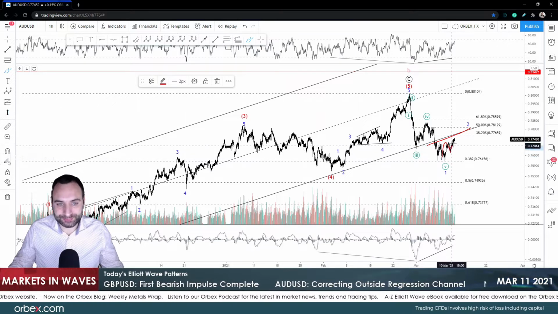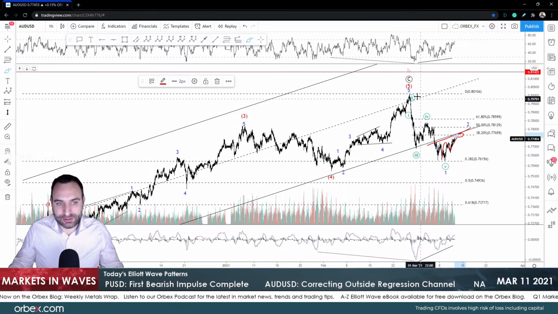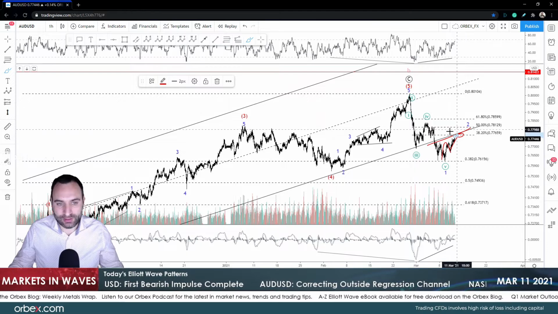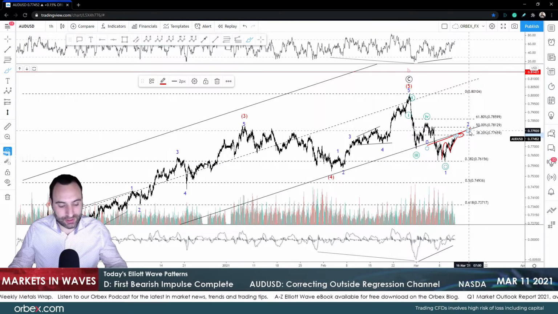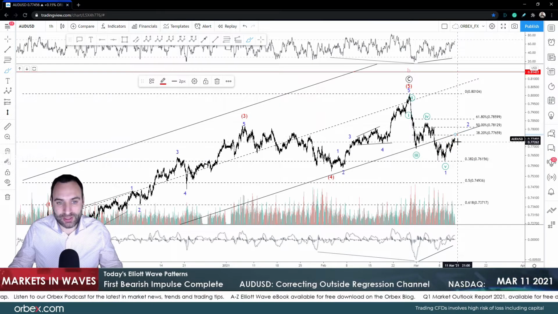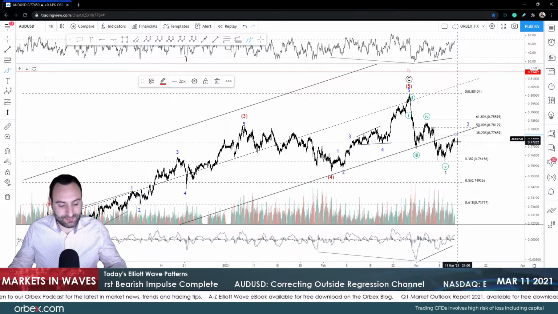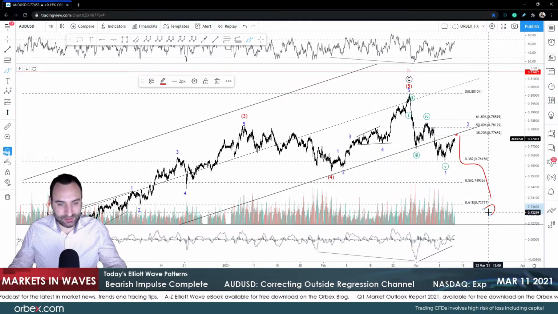Let's see whether the 38.2 Fibonacci retracement of the downside move wave one and the downside trend line of this regression channel is going to hold. If we're going to get price rejection around 77.65 or so, then we can start looking for wave three down, okay?